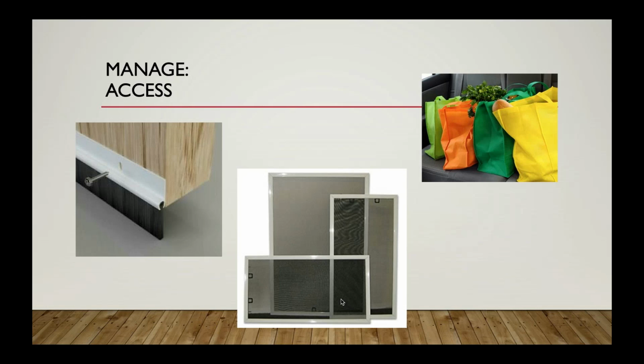So what do you do? Well, you can do 2 things. 1, you can recommend they put some sort of draft excluder on the door. Or 2, you can actually put the draft excluder on the door. And what you see on the left-hand side of the screen is a bristle strip. Now what it does, it stops not only insects, but it stops rodents from getting through because they don't see that there's a gap and they can't chew their way through it because it's a bunch of bristles, and so they find it difficult to get through.